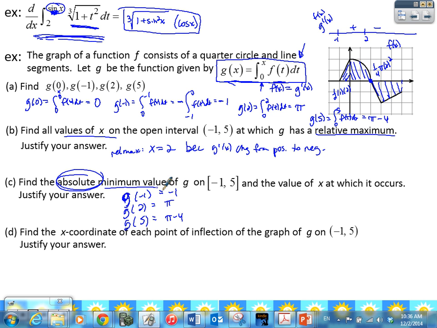So what does minimum value mean? Y value. Minimum value is -1 because by candidates test, it is smallest.